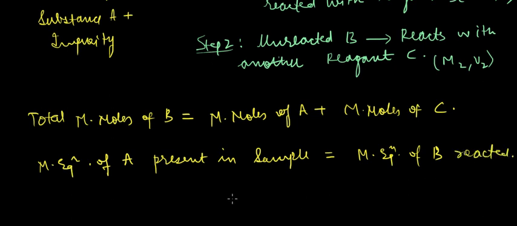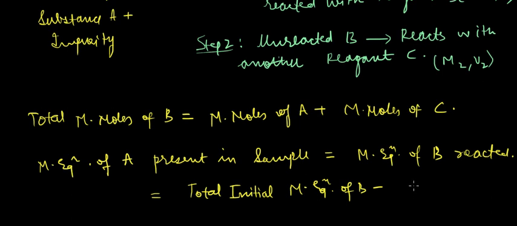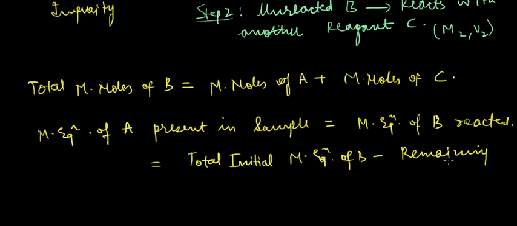The milliequivalents of B reacted would be the total initial milliequivalents of B minus the remaining equivalents of B, and the remaining would be derived from the equivalents which have been reacted with C.